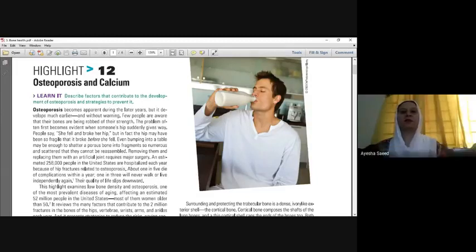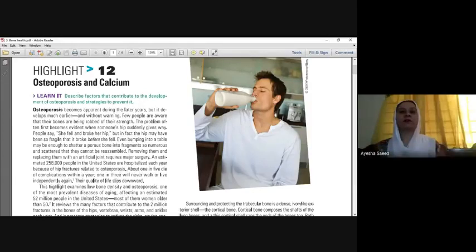From this topic, we're going to learn to describe the factors that contribute to the development of osteoporosis and strategies to prevent it. Osteoporosis becomes apparent during the later years, but it develops much earlier and without warning.